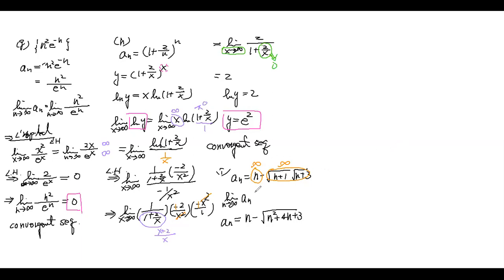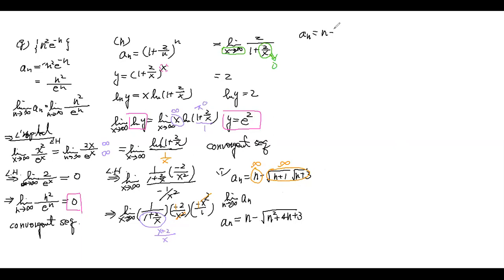I don't know if you guys remember, but when we did limits, if it's infinity minus infinity with square roots, what is the technique we use? We multiply by the conjugate.